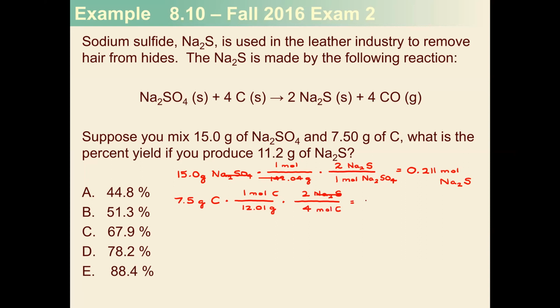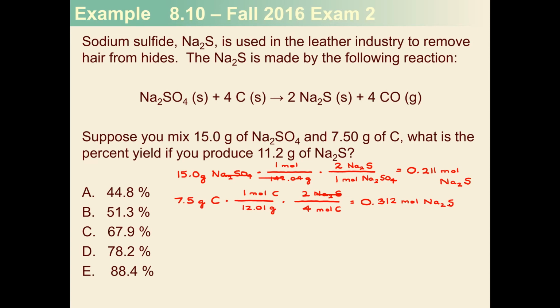So if I do this, I will get a calculation of 0.312 moles of my Na2S. So which one is going to be the limiting reagent? Well, that is going to be my sodium sulfate, which is at the top.